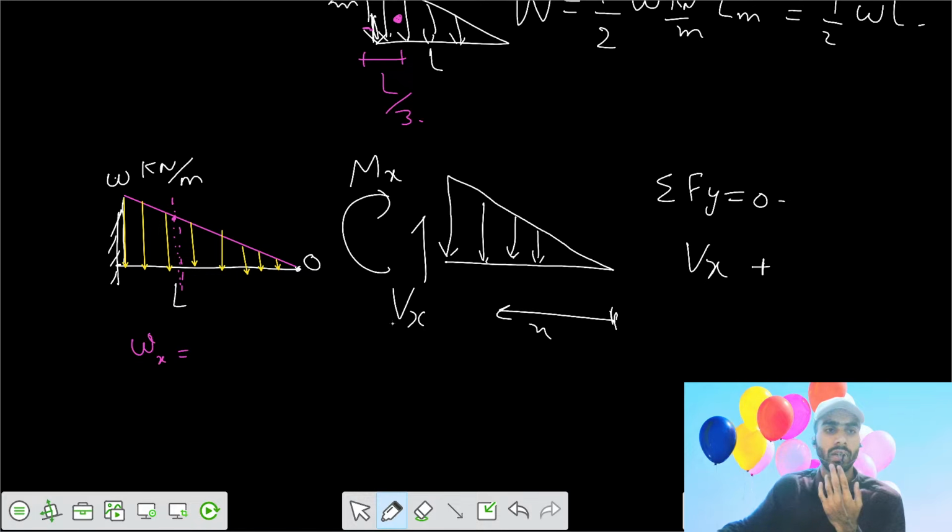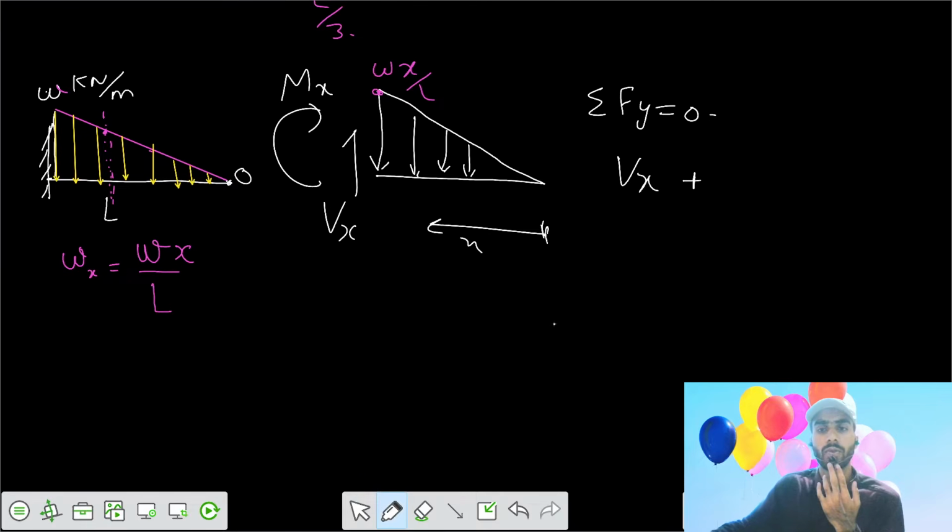equals, since W kilonewton per meter was at the end, it varies per unit length of L. For this triangle, by similar triangles, we get Wx by L. So the intensity here is Wx by L. For the summation of forces, we take the area of the loading diagram.